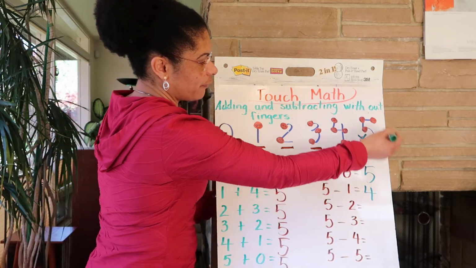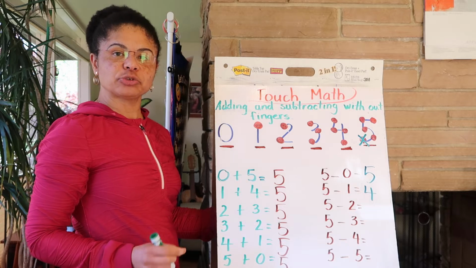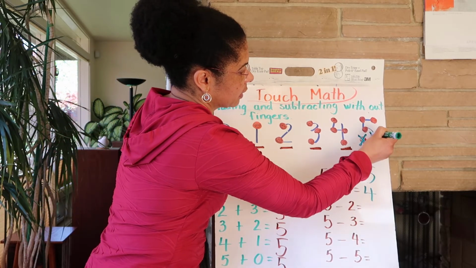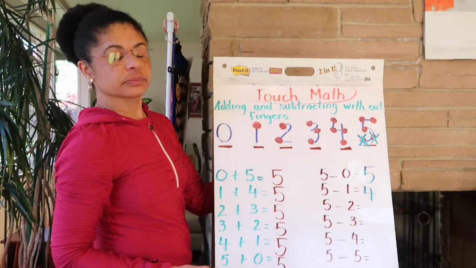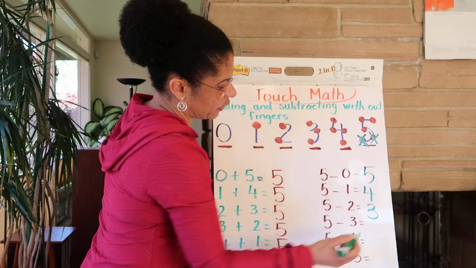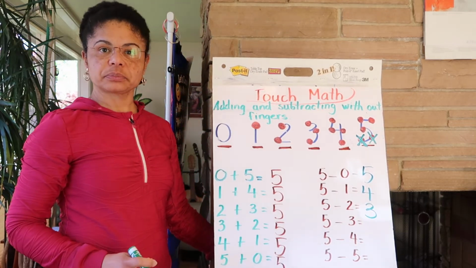Here is number 5, and I'm going to subtract 2. 1, 2. 1, 2, 3. I have 3 left.